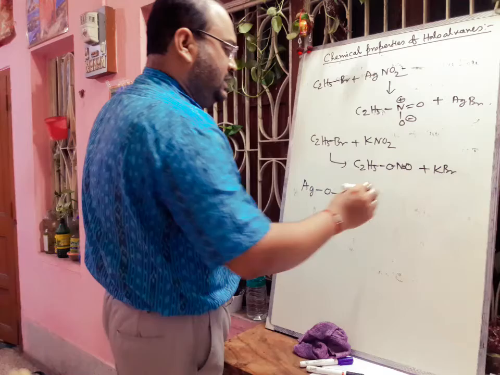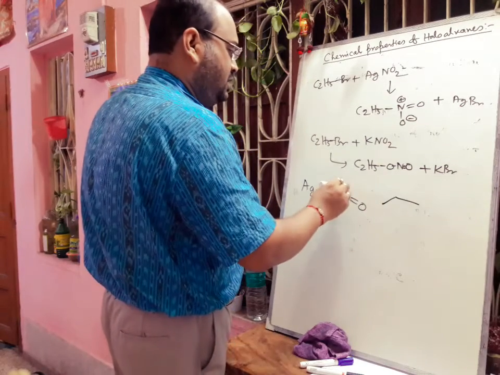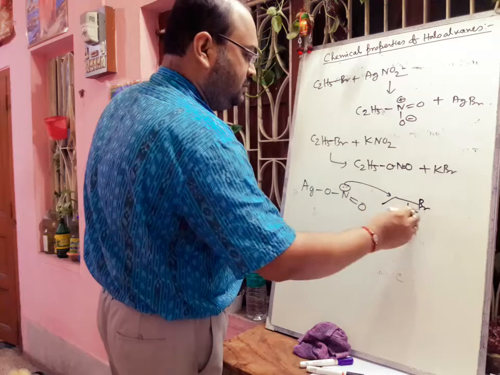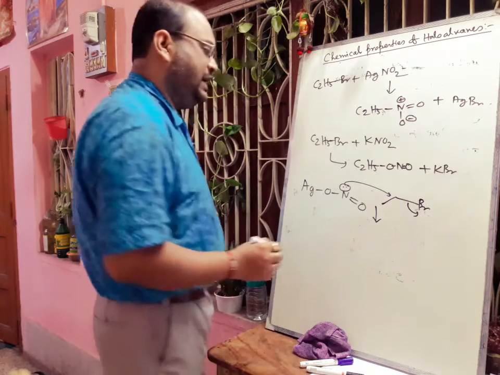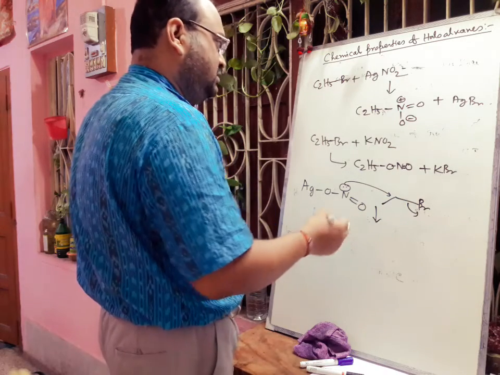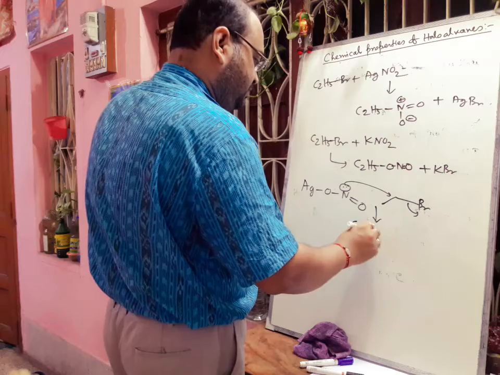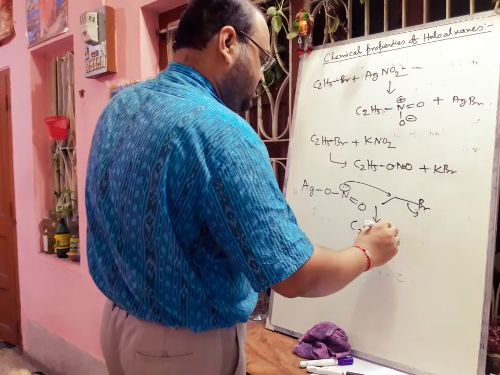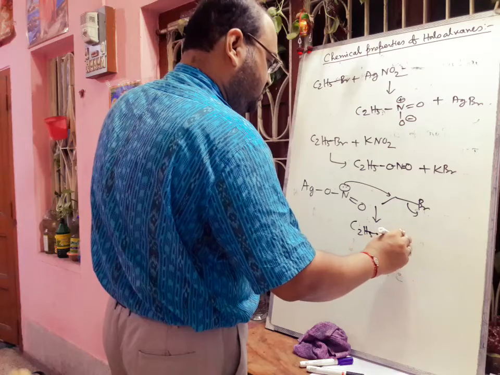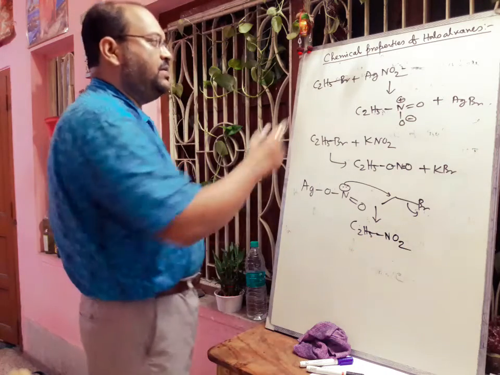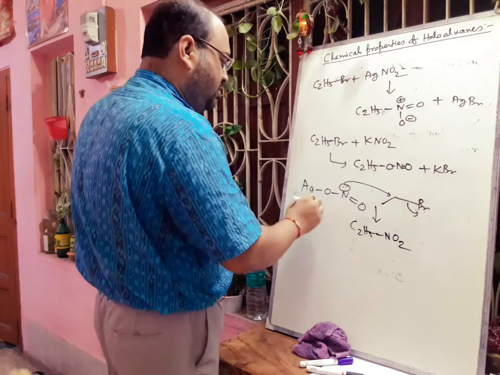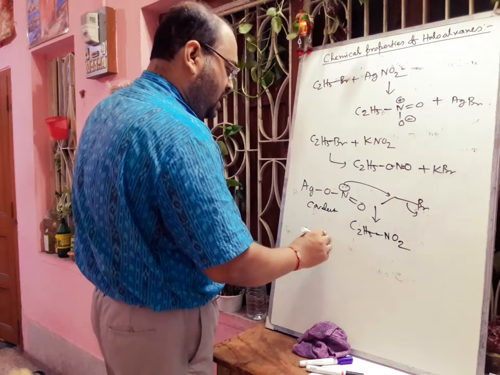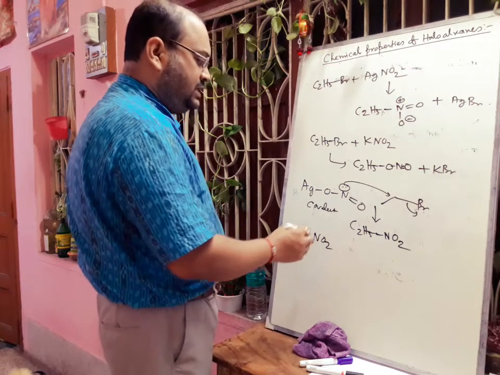So here this nitrogen will attack the ethyl bromide, and finally we will get the product nitroethane. But whenever we are taking potassium nitrite, it is an ionic compound.